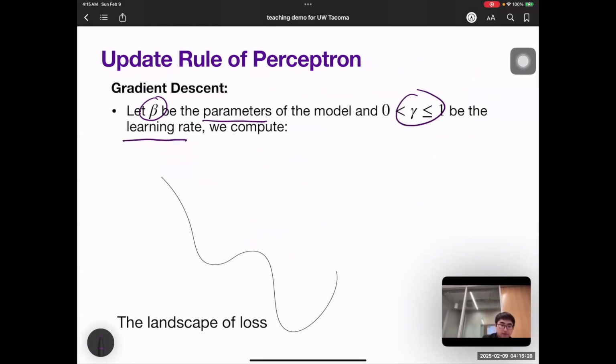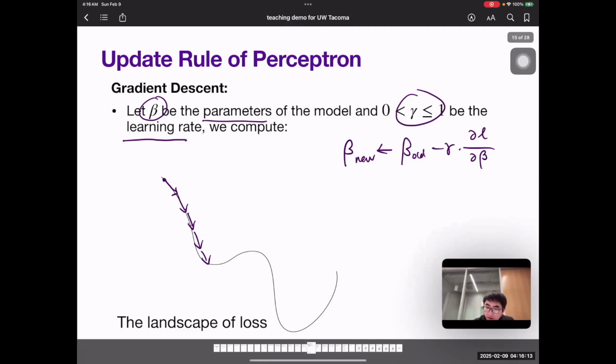If we plot the landscape of the loss, the gradient descent algorithm starts from a random position, follows the negative sign of the gradient, and moves iteratively till the local minimum of this loss. The learning rate controls how fast you move in this loss landscape. The update rule says that a new beta can be updated from an old beta by taking into account the step length and also the direction of this update.